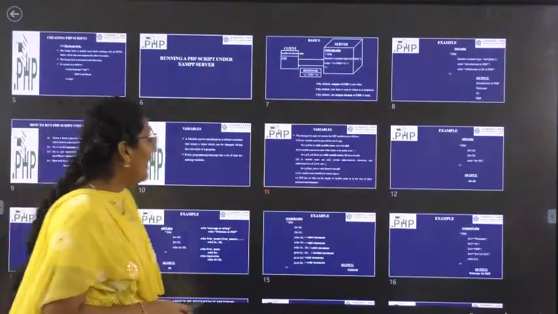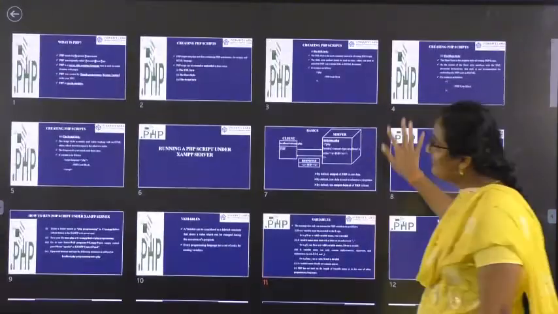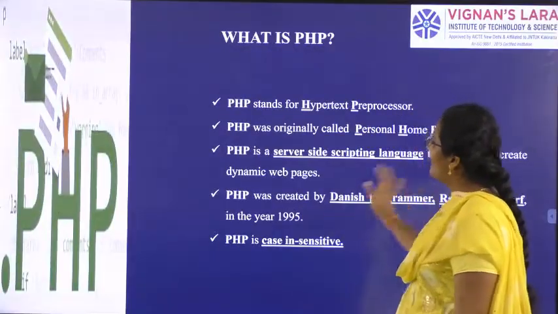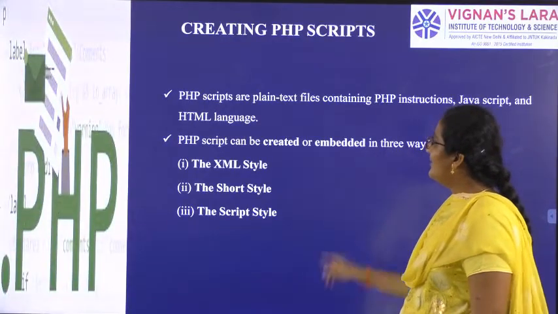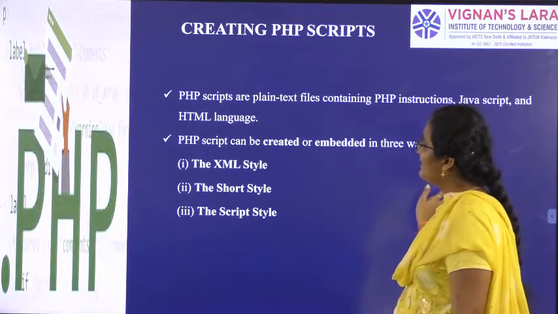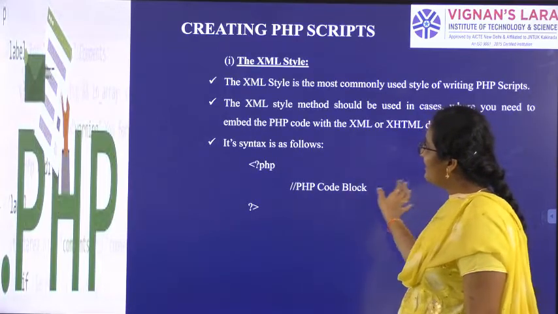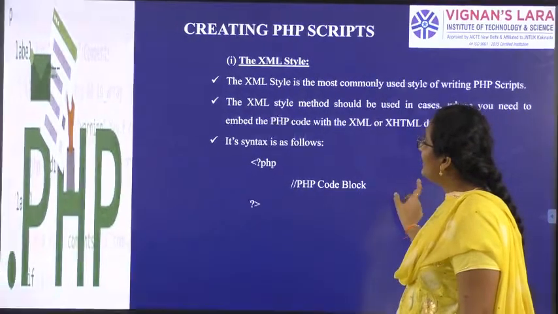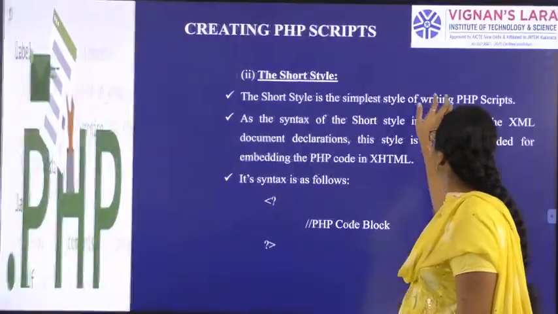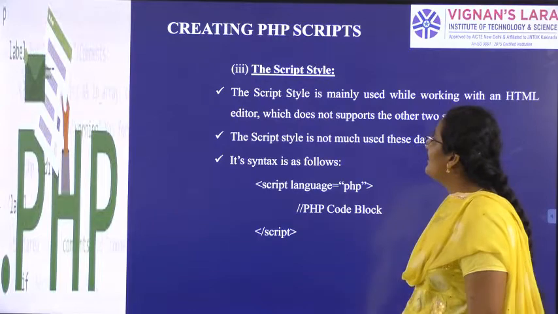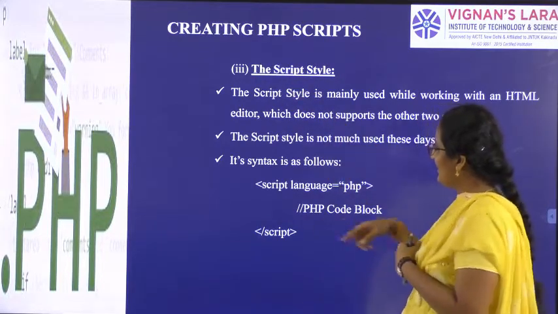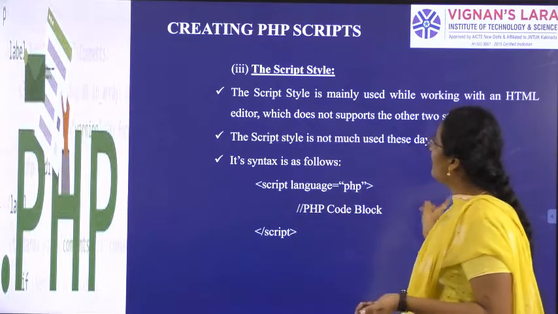So we'll see what we have discussed till now. What is PHP? What are the three different ways we have to create the PHP scripts? And what is the syntax for the three different scripts? Finally, if you are using the scripting style in HTML, then you must mention the scripting language as PHP.